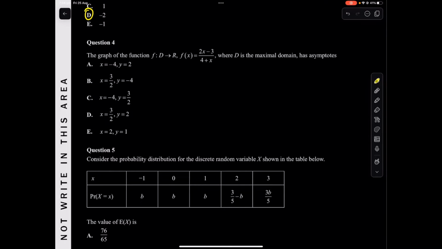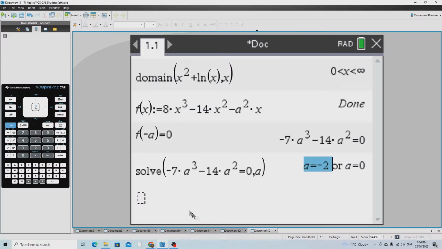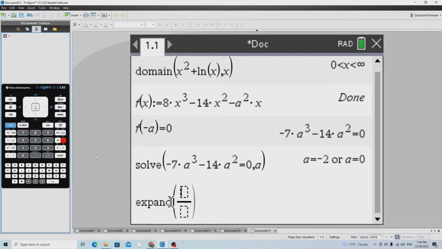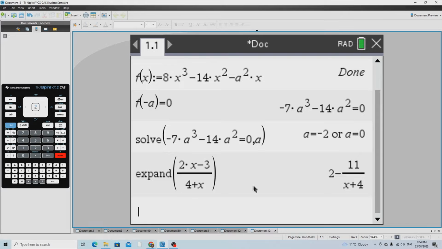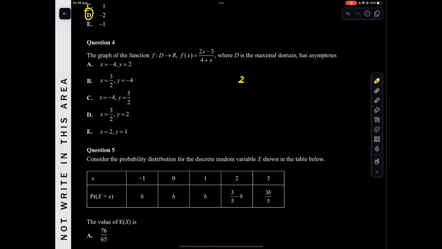Question 4, the graph of the function f of x is this, where d is the maximal domain, has asymptotes at. Okay. Go on your calculator and just go and expand this. So 2x minus 3, 4 plus x, and it will give us a nice expression right over here. So let's write this expression. So 2 minus 11 over x plus 4.